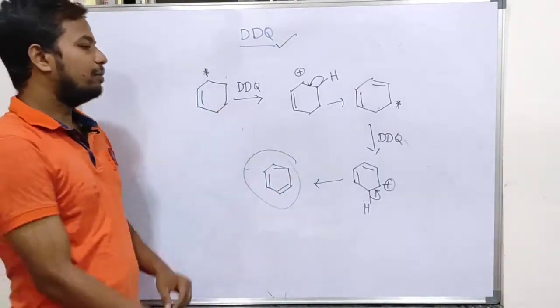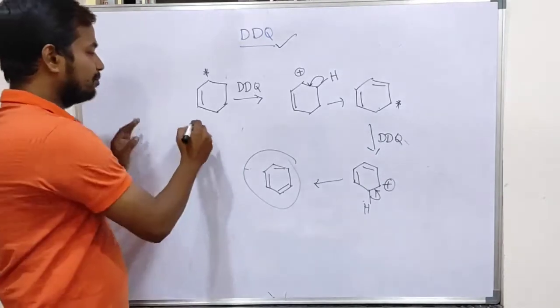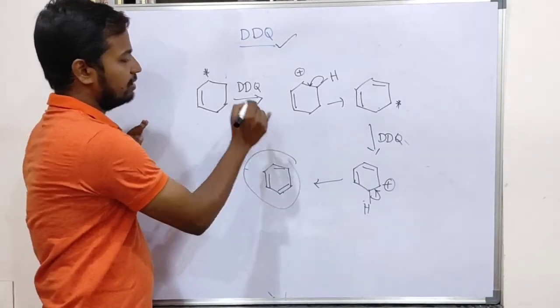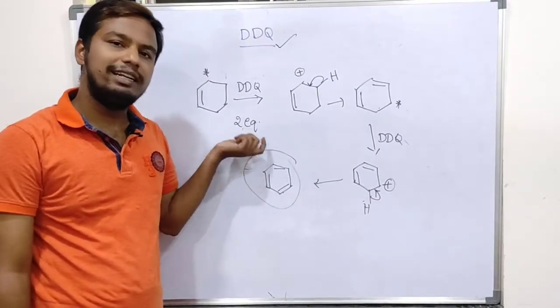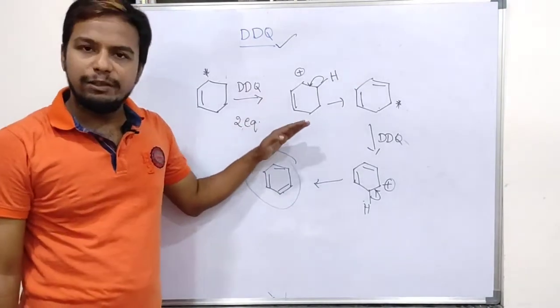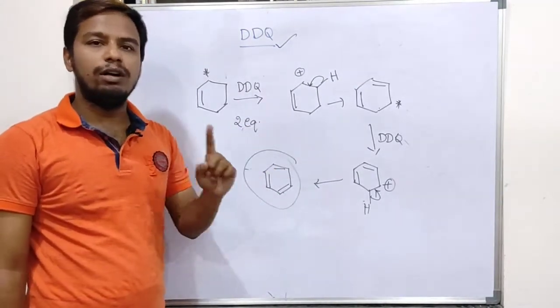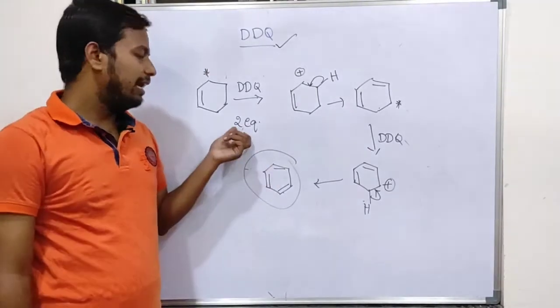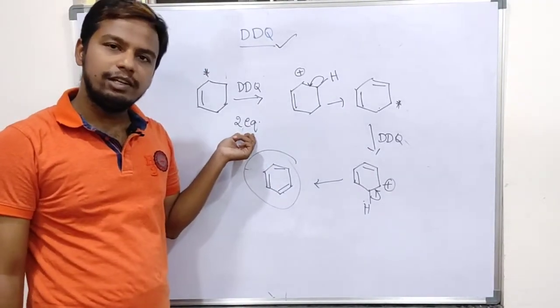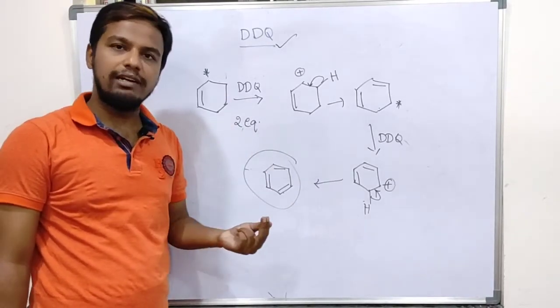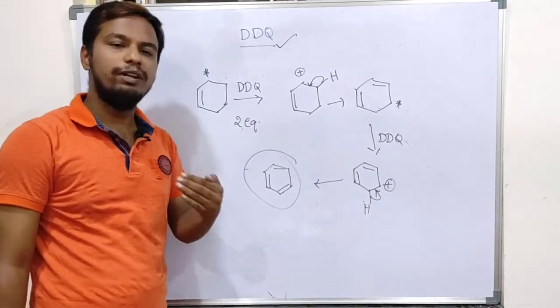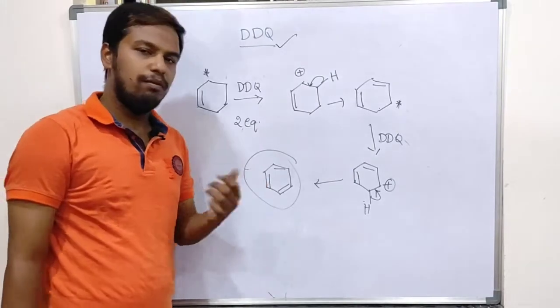So how many equivalents of DDQ are used here? 2 equivalents of DDQ are used. So at the expense of 1 equivalent of DDQ, 1 double bond is generated. If you use 2 DDQ, you will get 2 double bonds.